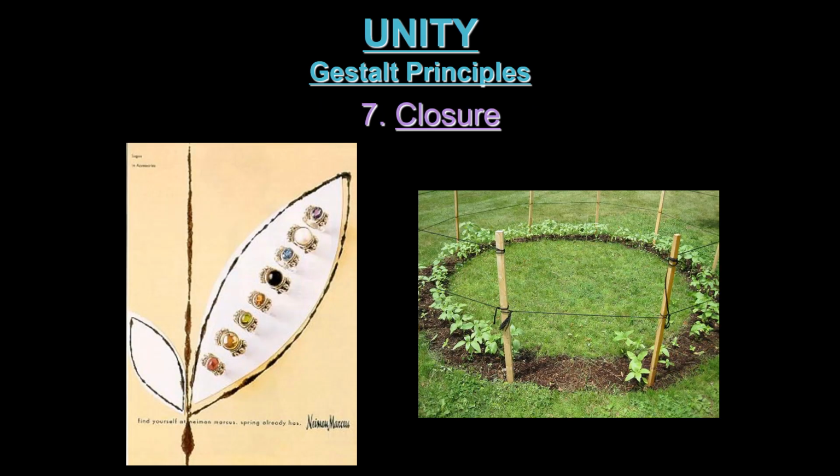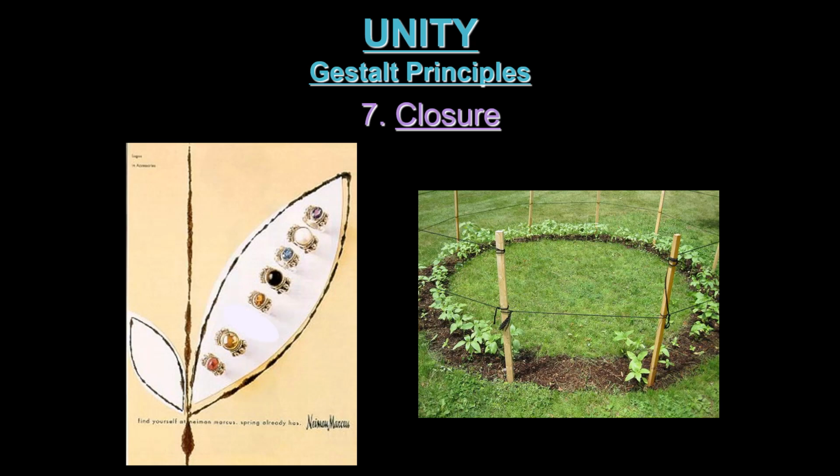Closure. So the concept of closure is when there are details missing from a familiar image or some type of pattern, and our brains just sort of naturally fill them in. So we can complete sort of an anticipated line or shape through this concept.